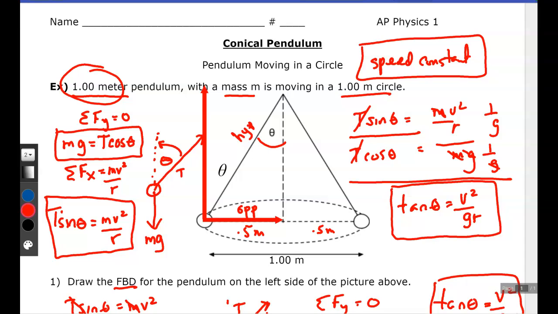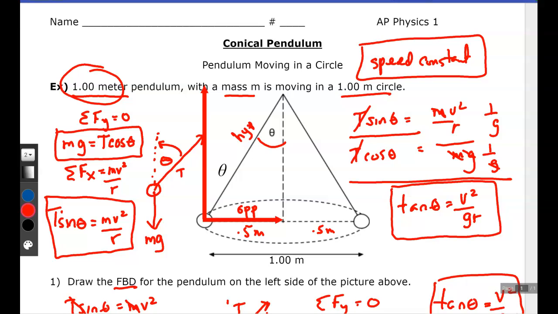It's a constant radius, and the angle doesn't change. The angle is a single angle, so the horizontal component of the tension doesn't change. If the centripetal force doesn't change, the mass doesn't change, and the r doesn't change, the speed is constant. So you probably should have been able to figure that out, since the radius is the same, the mass is the same, and the tension is the same. The speed is constant. But I should have put that down.